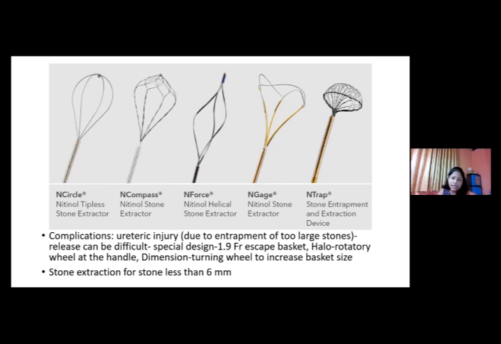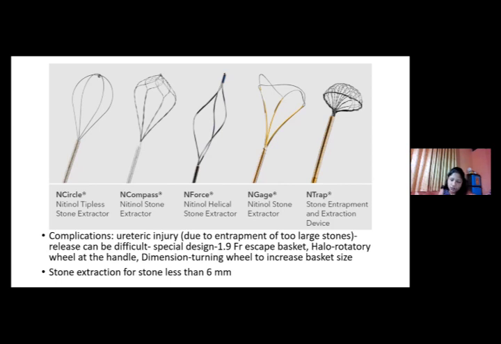Initially it has four wires, and if we want to release the stone, it transforms to two wires. There is also the Halo, with a rotatory wheel that can increase the basket size, and the Dimension, which has a turning wheel to increase the basket size. These are the brand names. These are the modified baskets to counter this problem.